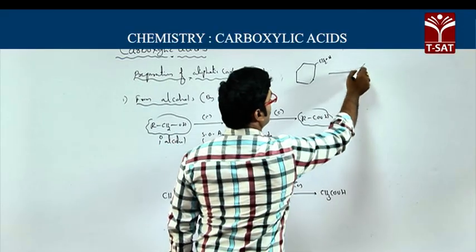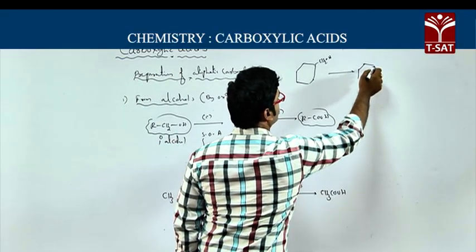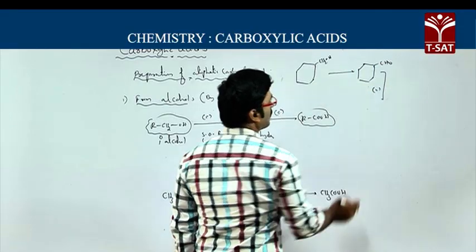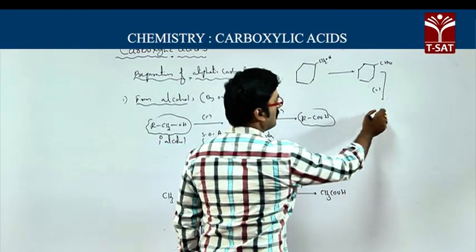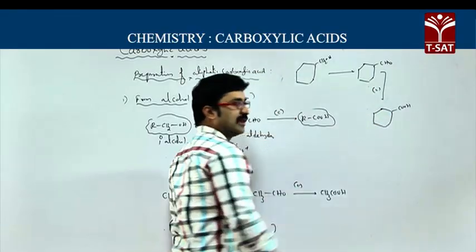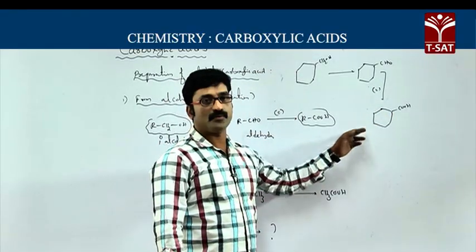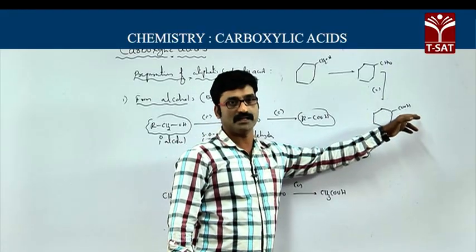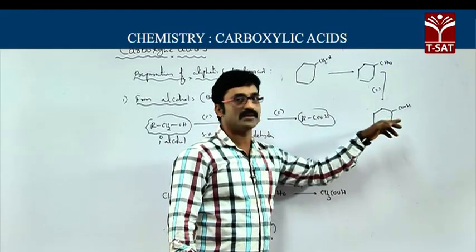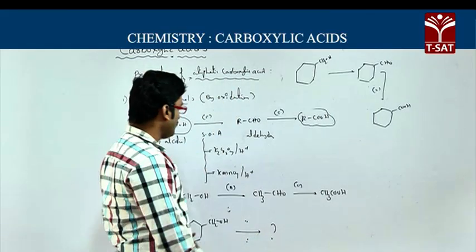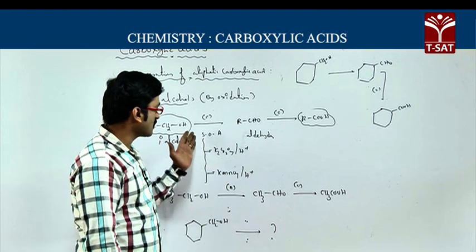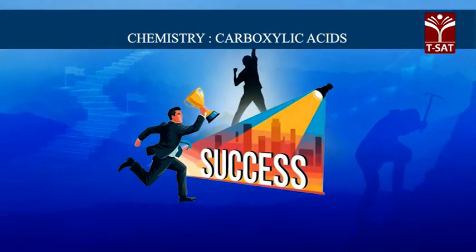First it will be converted into an aldehyde, and on further oxidation in the presence of a strong oxidizing agent, you will get this compound. The name of this compound is cyclohexane carboxylic acid. So cyclohexane carboxylic acid can be prepared from this compound by oxidation using strong oxidizing agents.